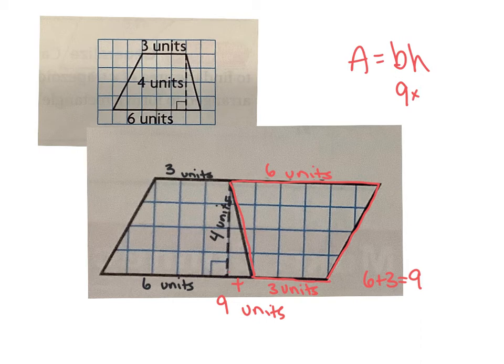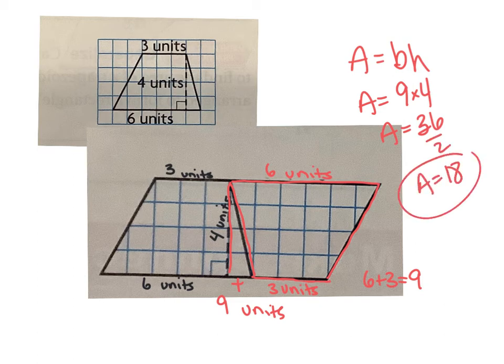Then I take my height, which is 4. And the area of the parallelogram is 36. Now, I didn't want the area of the whole parallelogram. I really just want that. Remember, this is half of this whole thing. So I'm going to cut that in half, or divide by 2, and that will give me an area of 18.